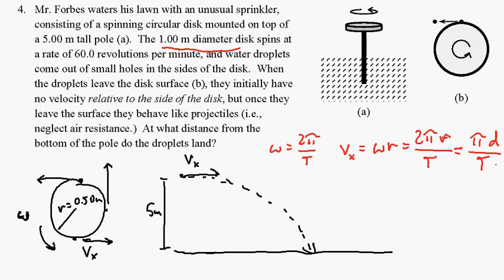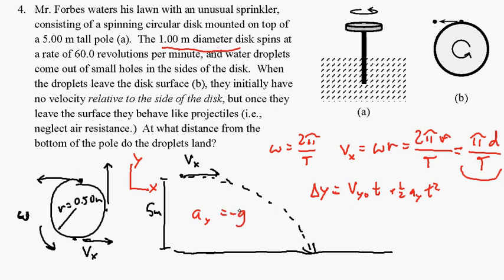Okay, so there's our initial x velocity, and then how long does it take to go down? So we're just going to use delta y equals Vy naught times t plus 1/2 acceleration of y t squared. We have no initial y velocity, so that term is zero.